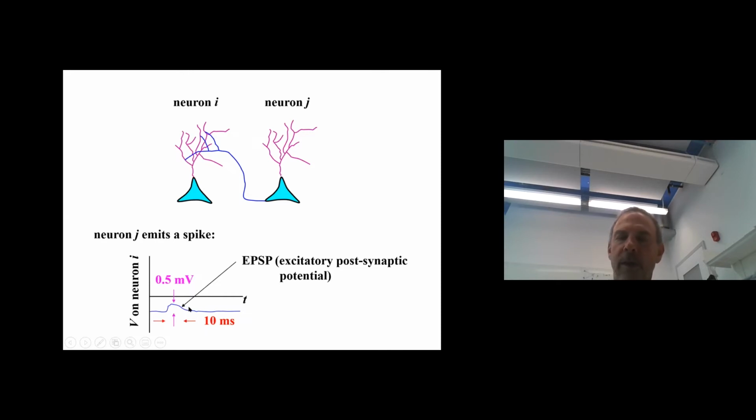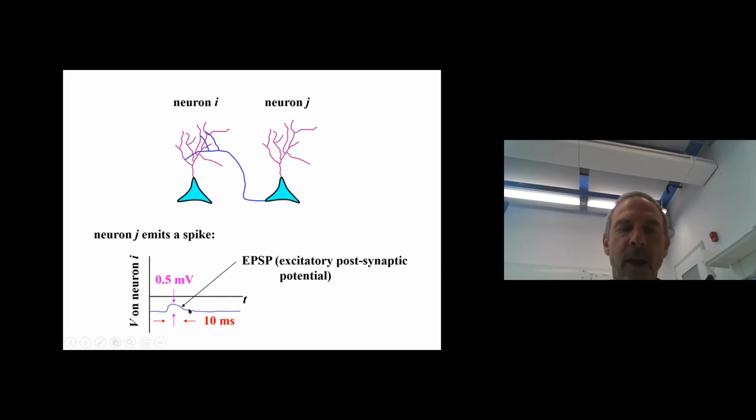That's called EPSP, excitatory postsynaptic potential. On the other hand, if neuron J is inhibitory, you see this decrease. Again, the range can be 0.1 to maybe a millivolt, so you see this small deflection.